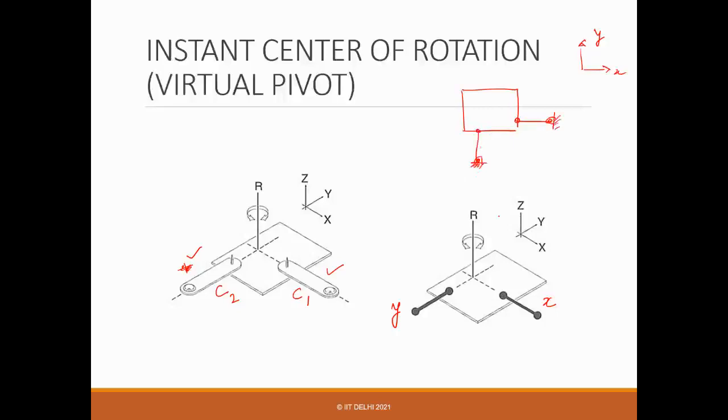What will happen? This will not allow motion along this direction, but perpendicular to that can happen, right? Similarly, along this, there will be no motion. But what will happen to this point, where they intersect? It can rotate. So your body can rotate about this axis.